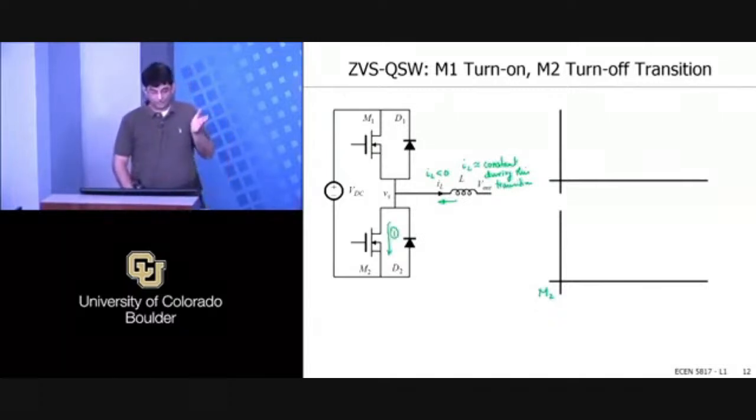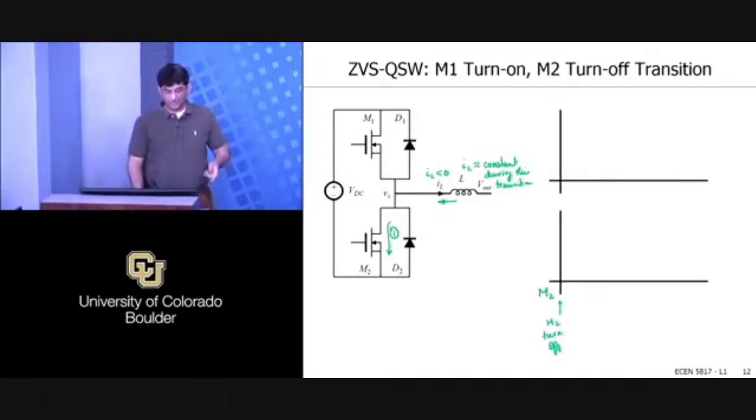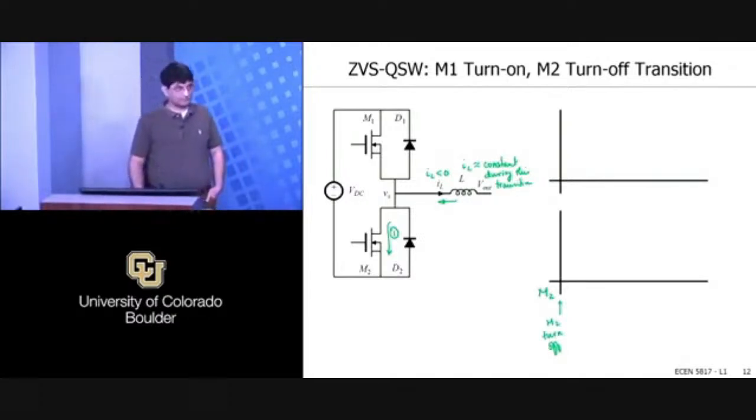What I'm going to do again at this point is M2 turn off. I'm just going to turn M2 off. Now where does the current go? Again, I'm going to ignore the capacitors initially. Where does this current go now? D1. Goes to D1. Yeah, it doesn't go into D2, right?